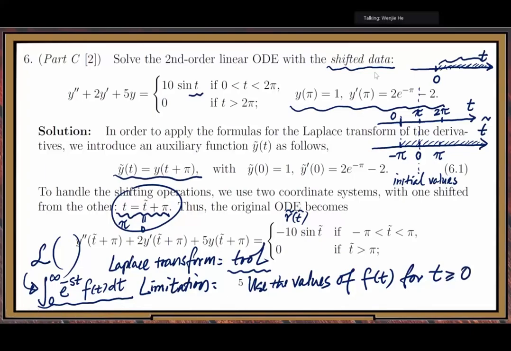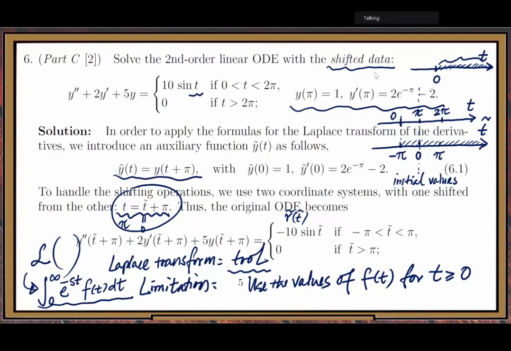When t is less than 0, do we use the value? We never touch it, right? And how do you know f function is not defined for t less than 0? You do not know. It could be defined or it could be undefined.